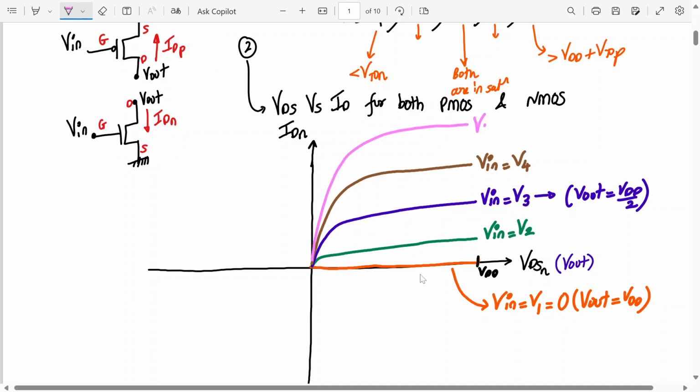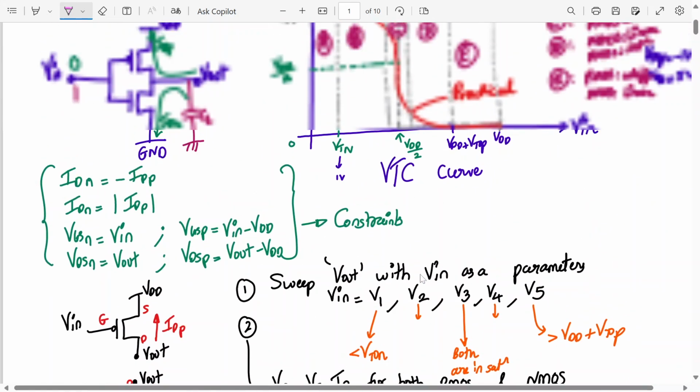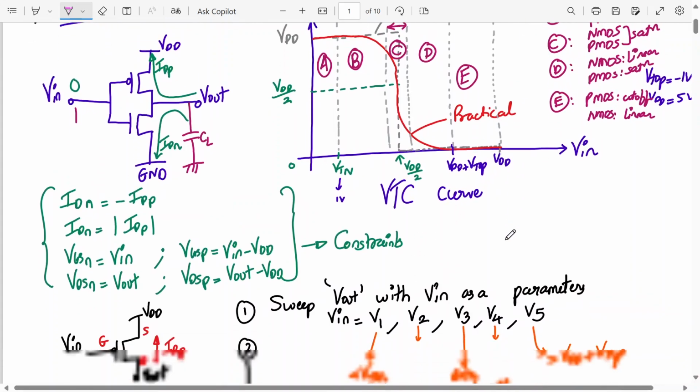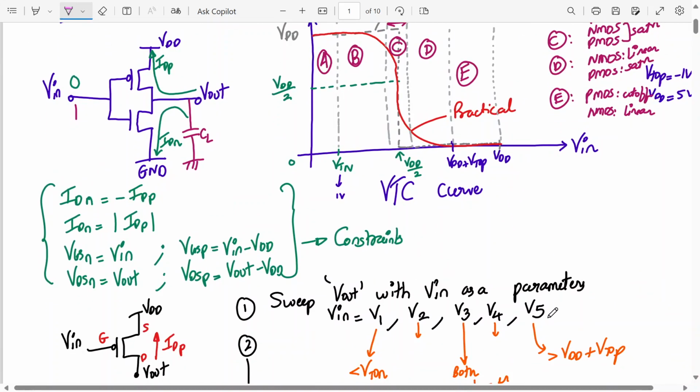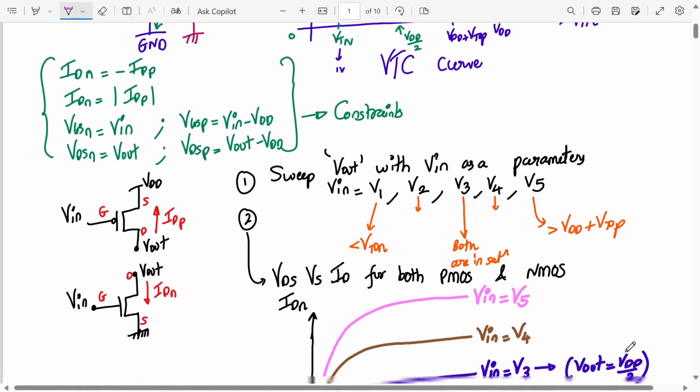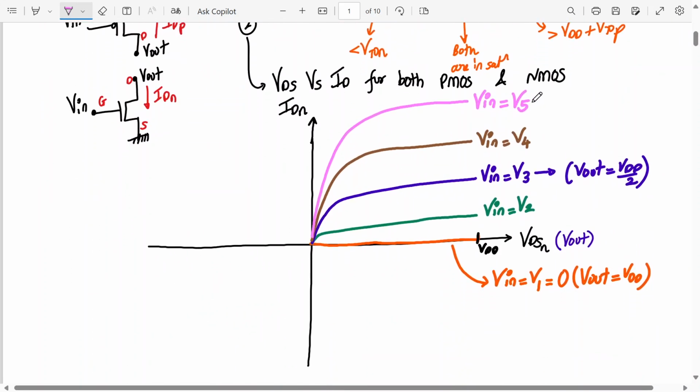This is V in equal to V5, where V5 is almost like here, this point. V in is greater than VDD plus VTOP. So it's very close to VDD now. So these are increasing values of V in for the PMOS transistor. These characteristics I have drawn for my PMOS transistor. Are you getting the point?